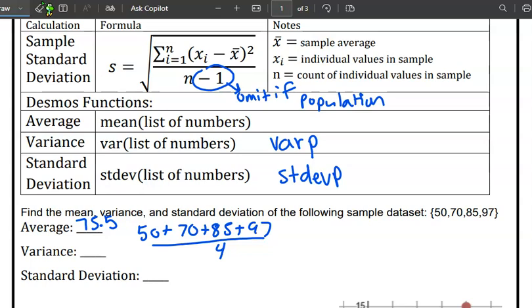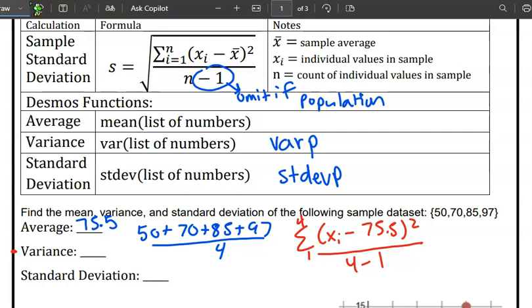For the variance, we're just going to find everything for the sample standard deviation, except we're not going to square root it. So the summation from 1 to 4 of xi minus the mean, which is 75.5, and then square it. And then divide that answer by 4 minus 1.